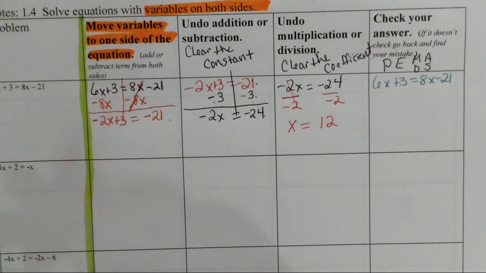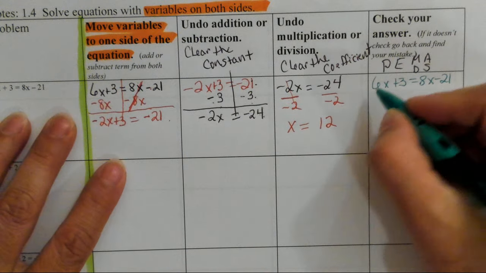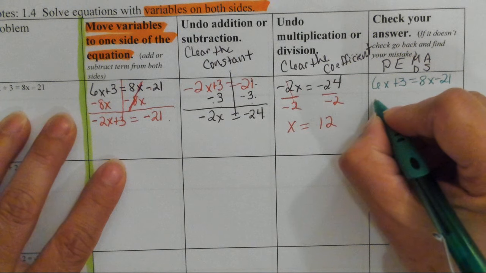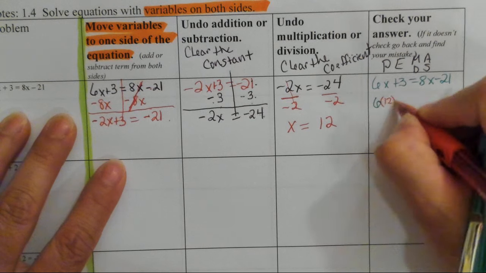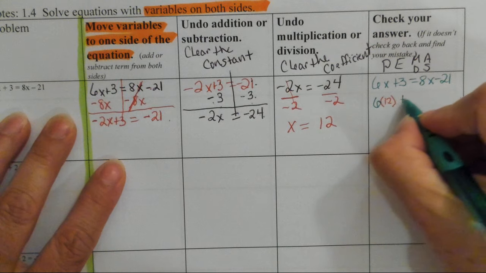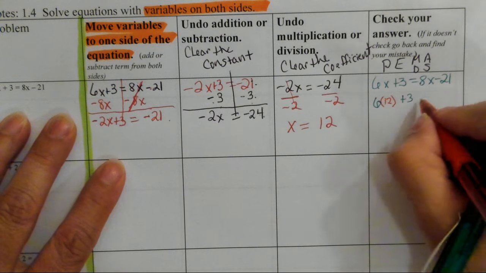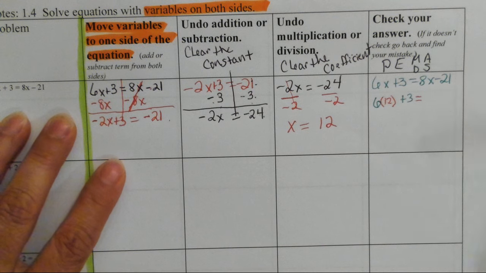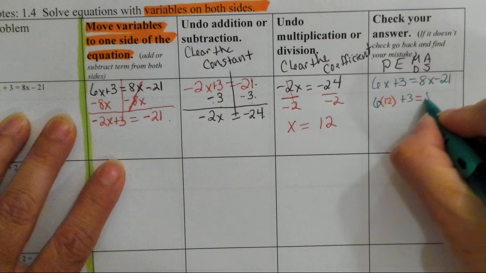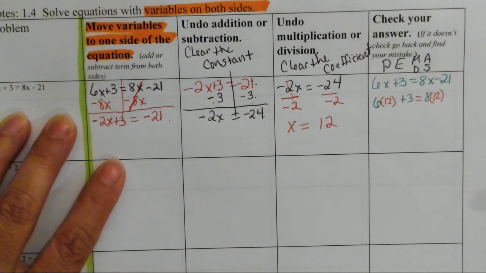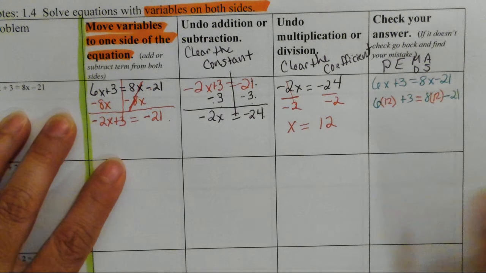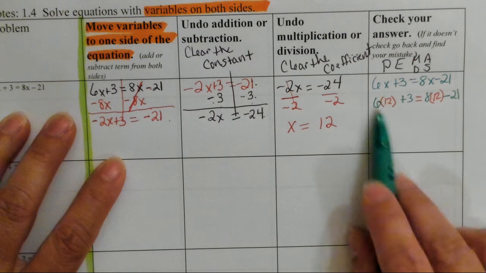Wherever there's an x, we're going to plug in a 12. So it becomes 6 times 12 plus 3, and we're going to see if that's the same thing as 8 times 12 minus 21. So order of operations here says we've got to multiply first.